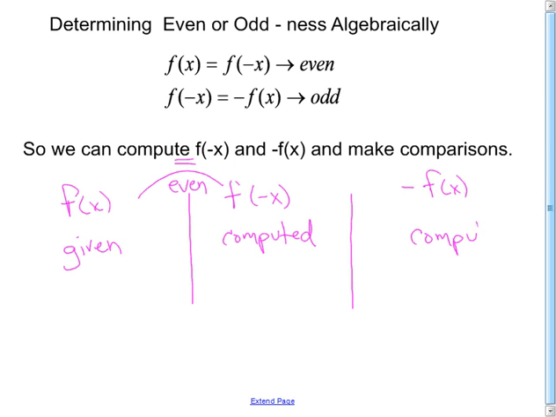It's not something we're given. We have to do a computation for it. And when these 2 things are equal, the functions are odd. Now, if you don't get that these 2 are equal, and you don't get that these 2 are equal, then the answer is neither.